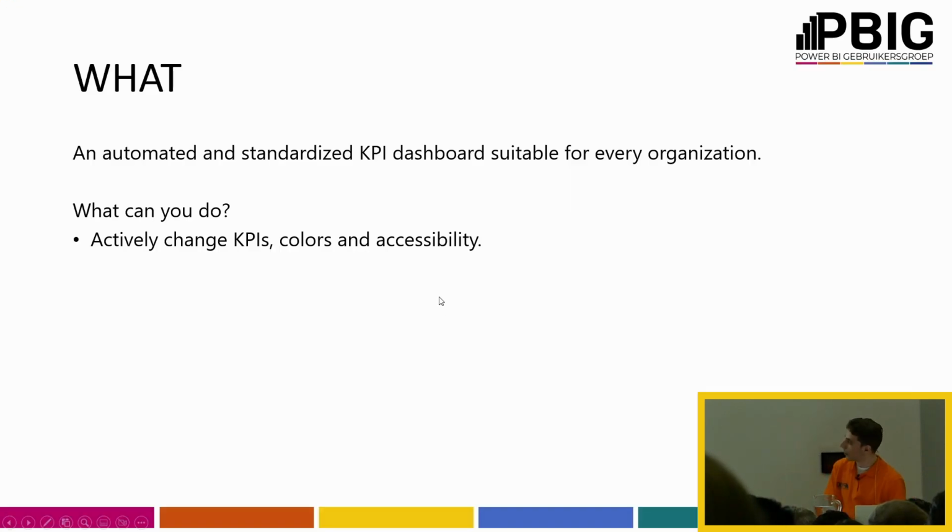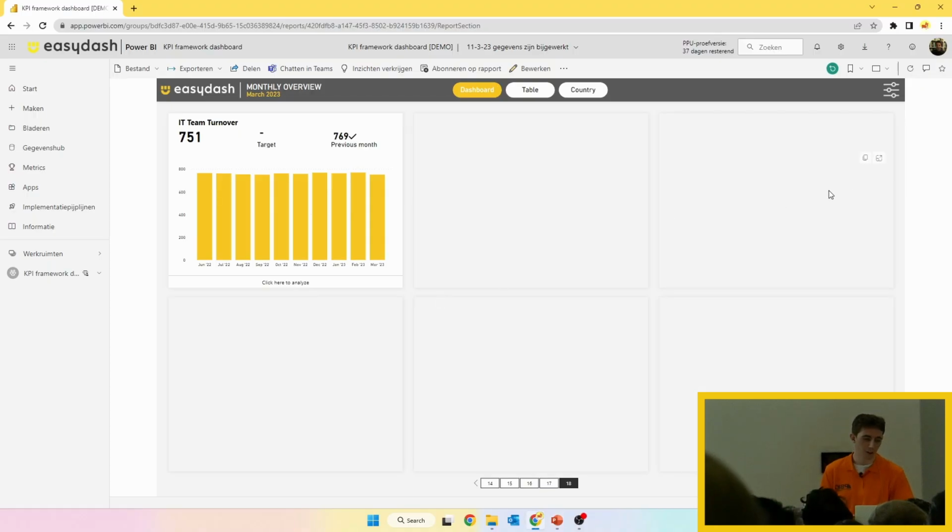And coming back to accessibility, we also have the options to put row-level security on this, because maybe not every user is allowed to see every KPI. And you also have the option to show different designs, different colors per user, to have a different kind of view. And I will give you a demonstration of that.